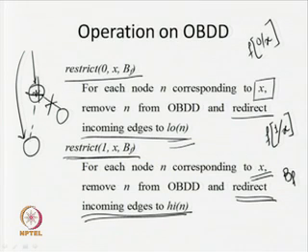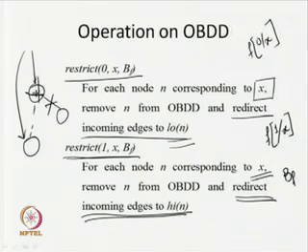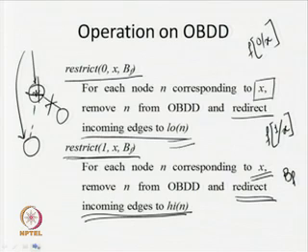If we have a BDD representation of a Boolean function, we can construct restrict 0 x b f by removing all x nodes from this BDD and redirecting the incoming edges to the low of n. Similarly for restrict 1 x b f.